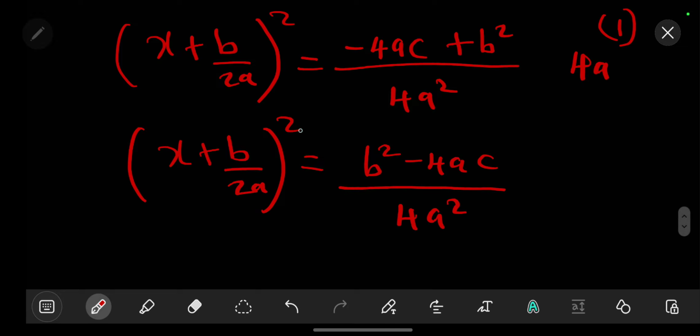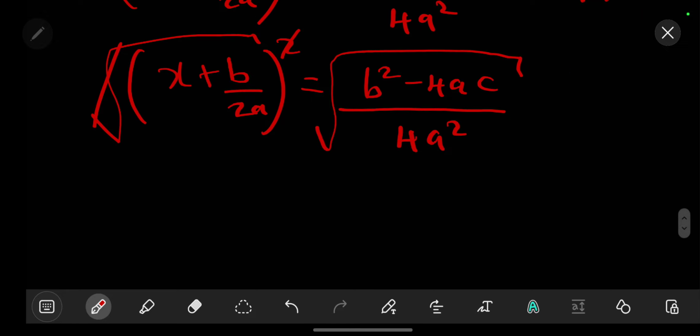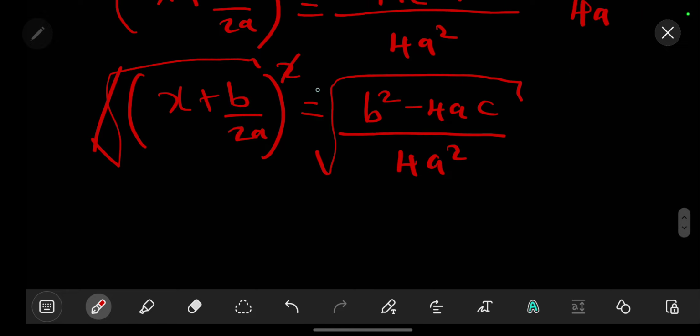From here, we are going to now introduce the square root so that we can eliminate this power. So introducing the square root on both of these values, we are going to find that this square root cancels with the square there. So immediately you introduce the square root, what happens this side is you are going to have plus or minus.